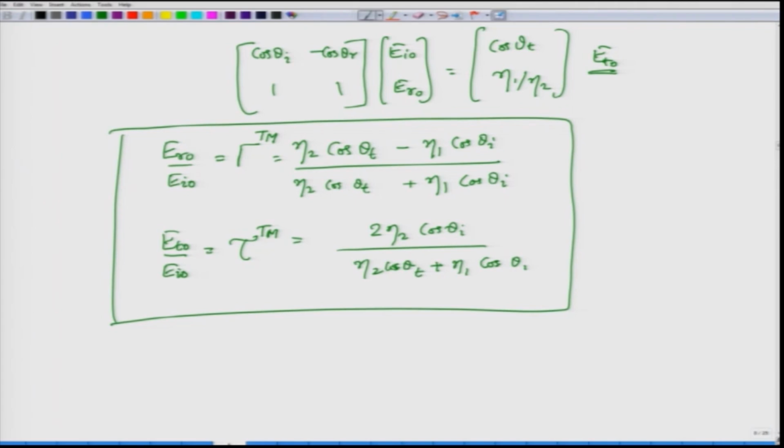But what I did not do correctly in the previous module is that the equation that I wrote was slightly wrong. The equation for the transmission coefficient was correct, which of course for the TM case is given by 2 eta 2 cos theta i divided by eta 2 cos theta t plus eta 1 cos theta i, right, where this eta is the wave impedance.